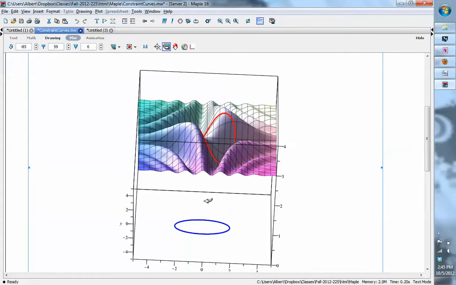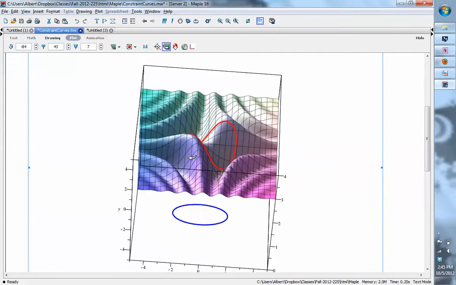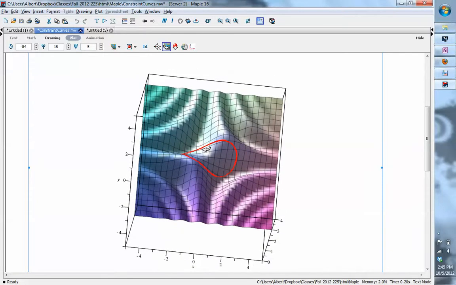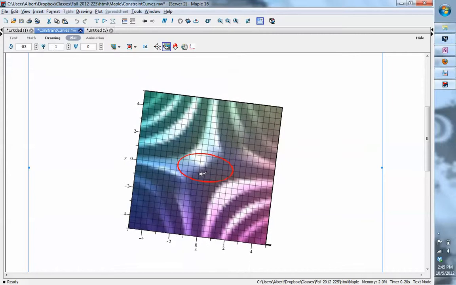The blue curve is me walking around in the xy plane, and the red curve is what's going on in the surface corresponding above. So if, for example, I rotate this thing and I look directly down on this, come on, it's going to turn into that ellipse. Okay, but we know that when the ellipse goes up onto the surface, it gets all deformed and twisted, right?